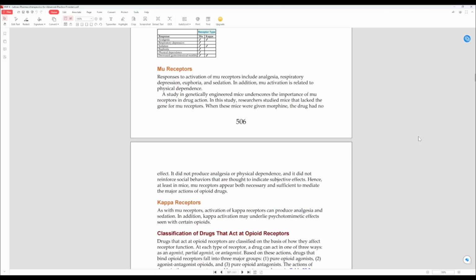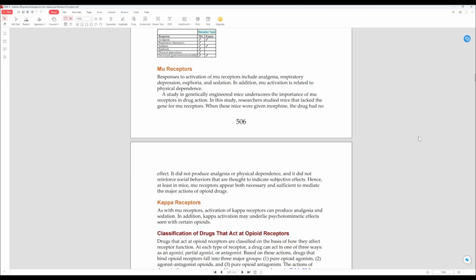So, mu receptors. Responses to activation of a mu receptor include analgesia, respiratory depression, euphoria, and sedation. In addition, mu activation is related to physical dependence. A study in genetically engineered mice underscores the importance of mu receptors in drug action. In this study, researchers studied mice that lacked the gene for mu receptors.